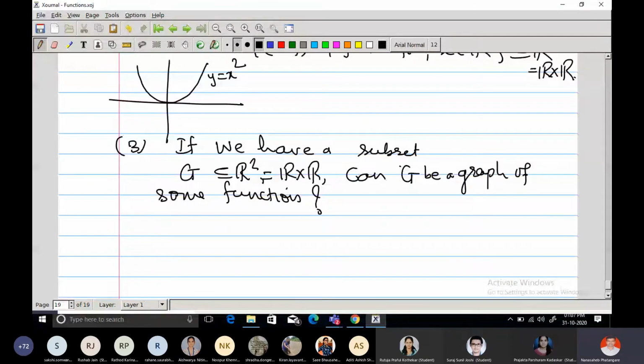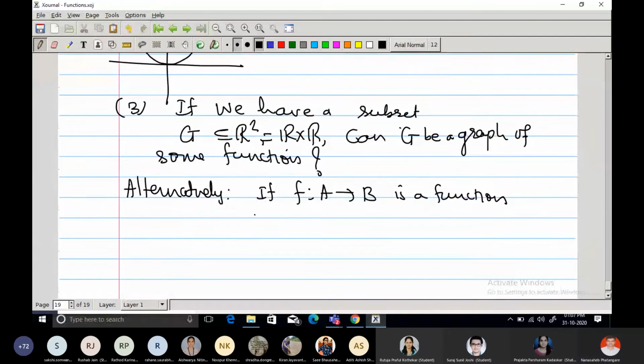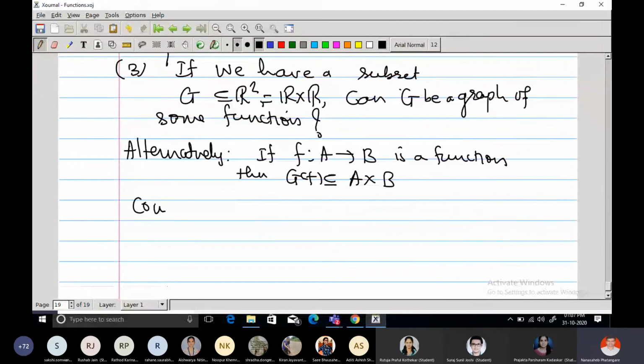Alternatively, if f from A to B is a function, then the graph of f is a subset of A cross B. What is the converse statement?